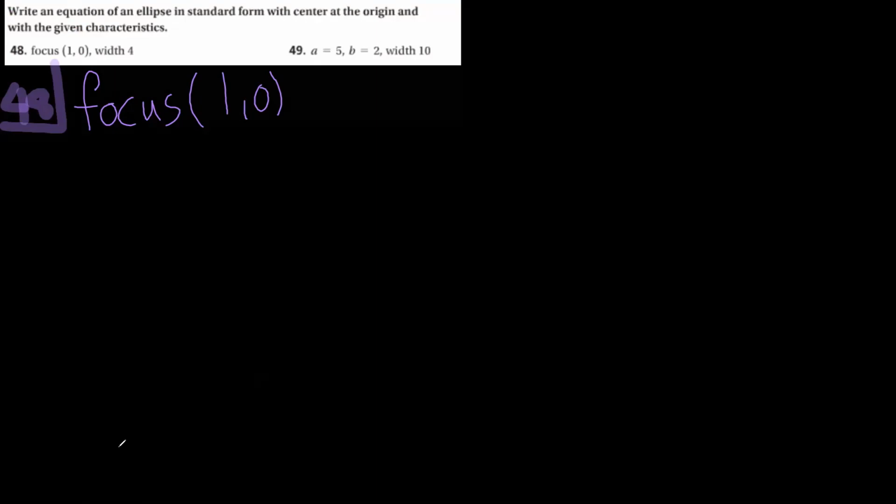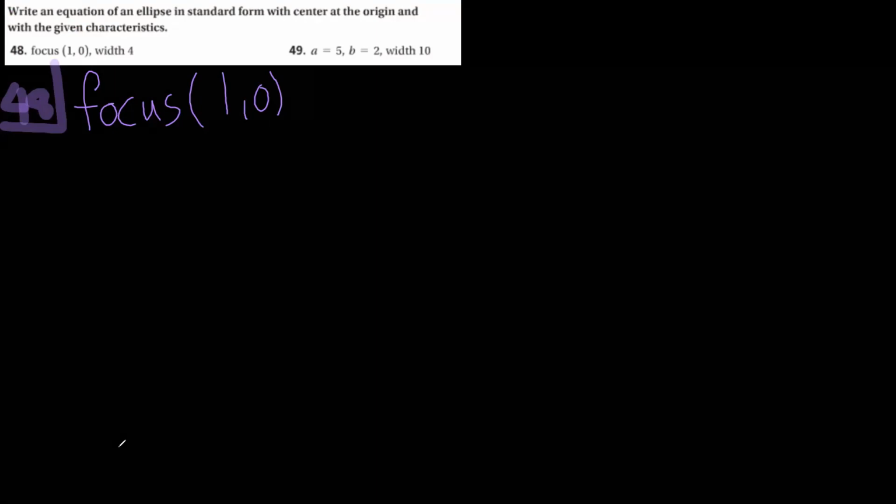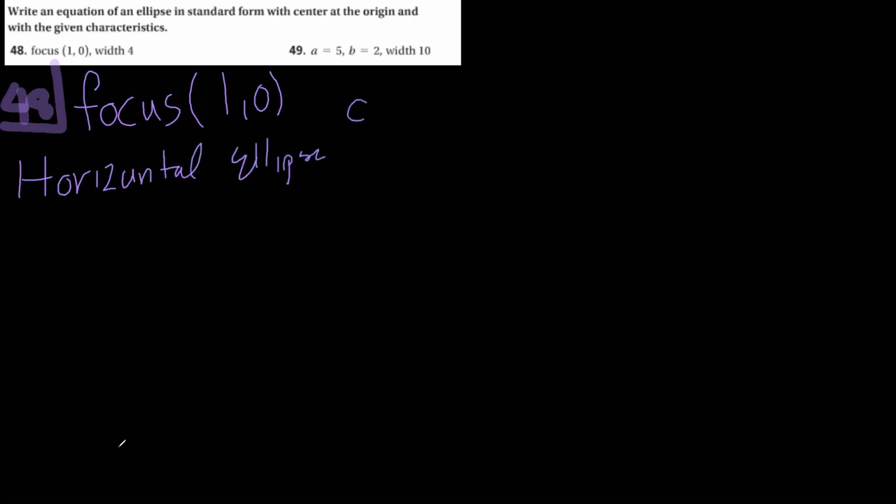Where's the focus? Is it on the x-axis or on the y-axis? It is on the x-axis, so this is a horizontal ellipse with c equal to 1. The width is 4. What's the meaning of width?